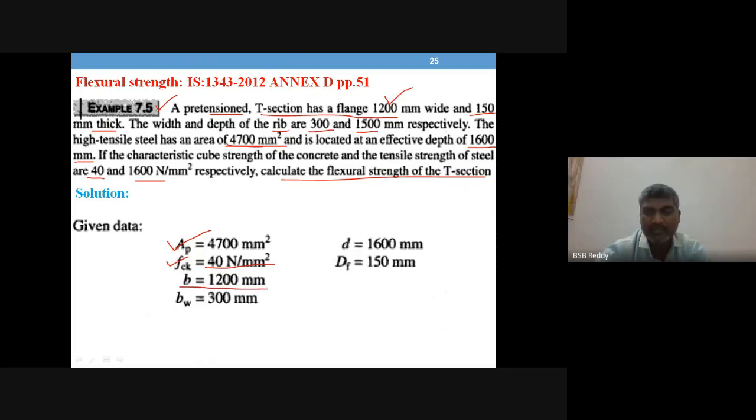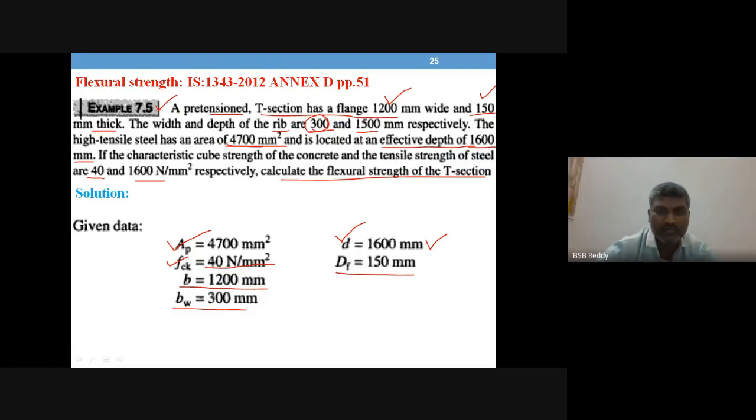The flange width itself is the width of the section, and the width of the web is given, 300. The effective depth of the section is given, 1600, and the depth of the flange is given, 150.